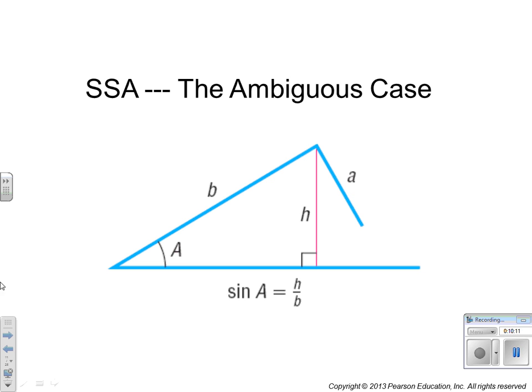So if we're trying to find angle A, we use the height of the triangle to give us our right angle.